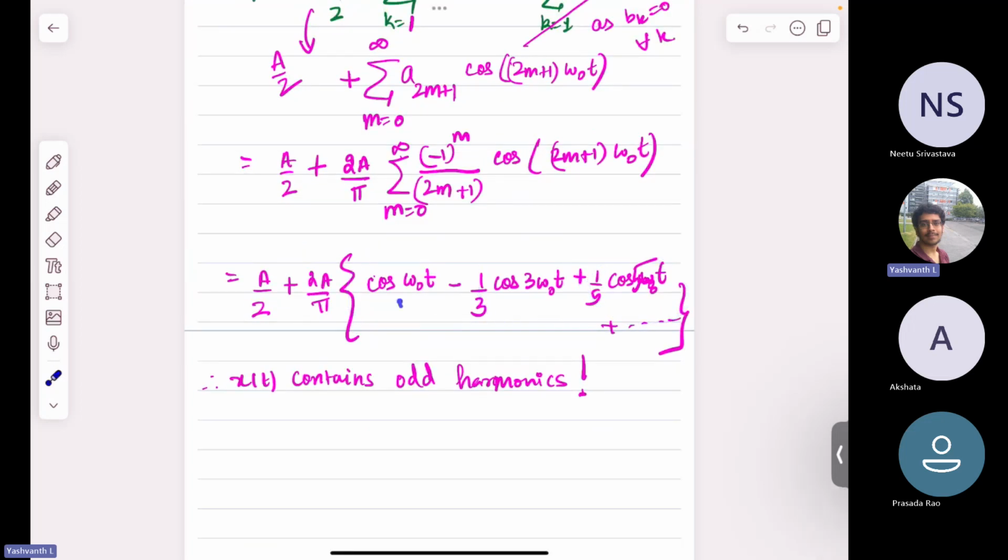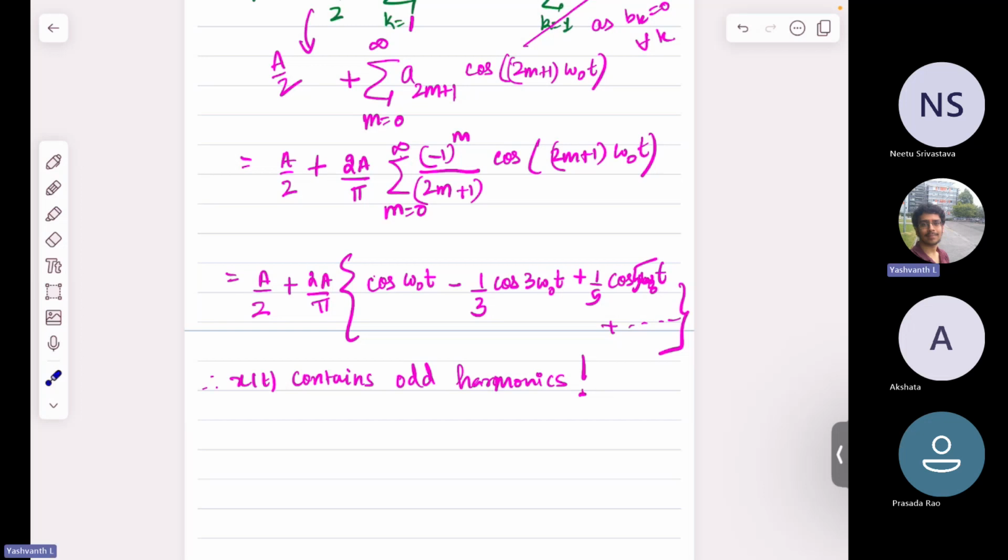But the same odd harmonics will still remain. The gist is that any square waveform taking values between 0 and a will always contain odd harmonics. No even harmonics will be present.